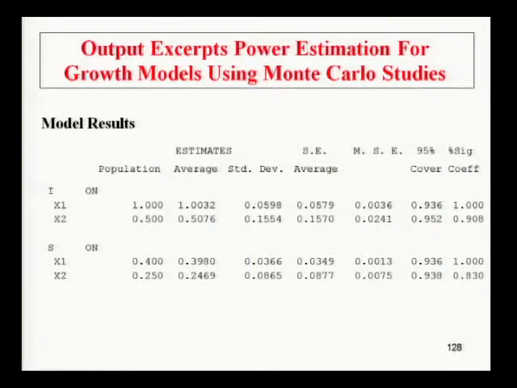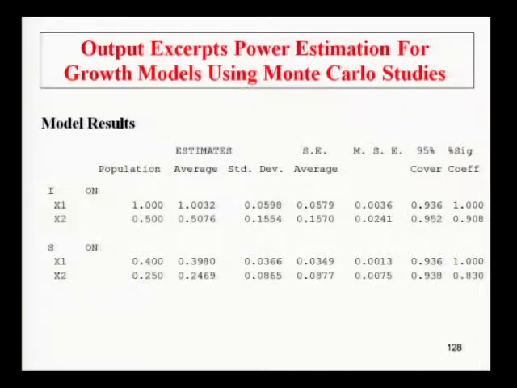And as we know from studying power, anything greater than 0.80 is usually deemed to be good. And what that is over the 500 replications, it's the proportion of the z-tests that were significant, that concluded that this parameter estimate was different from 0.